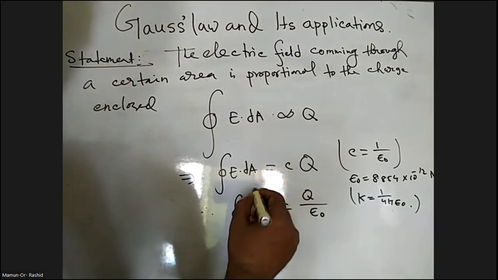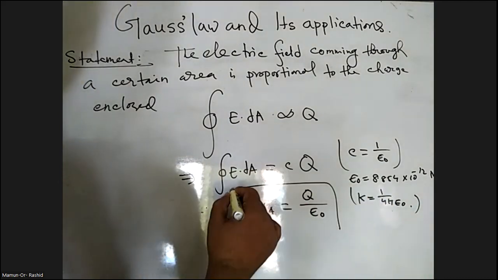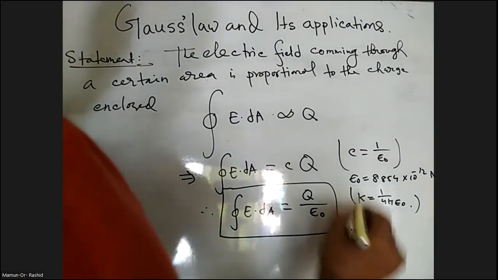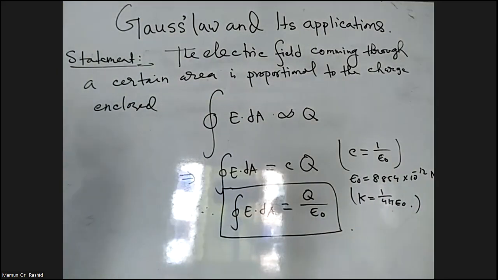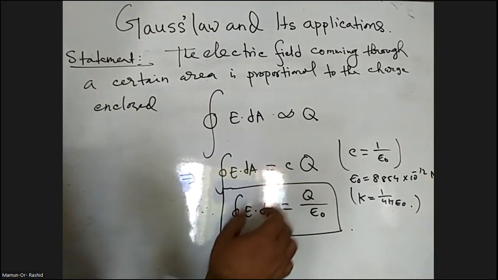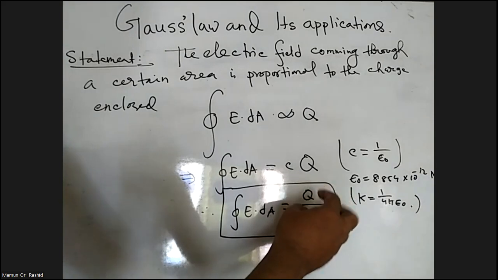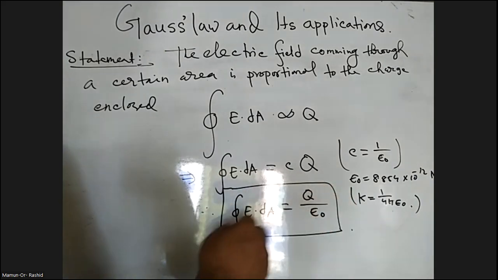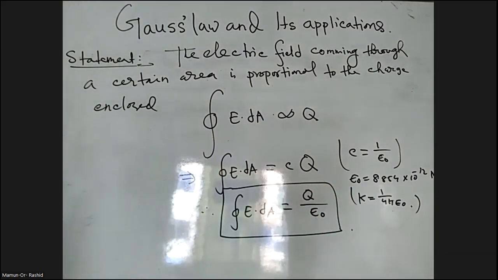So this is actually Gauss's law. The electric field coming through a certain area dA is proportional to the charge, and epsilon naught multiplied with this will become the total charge.